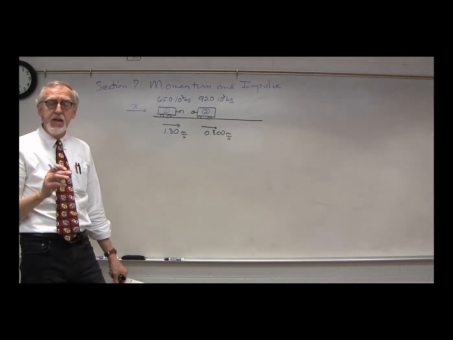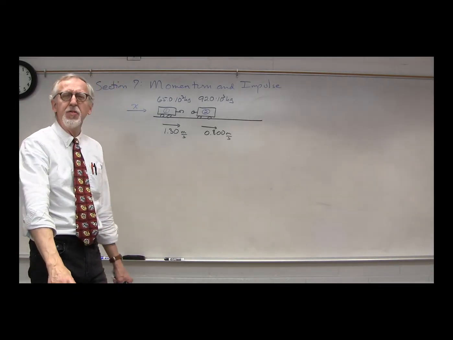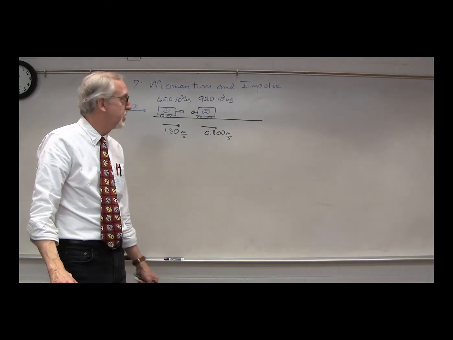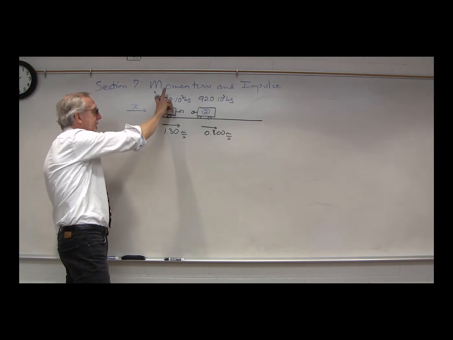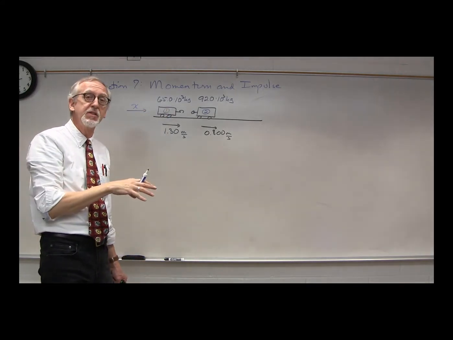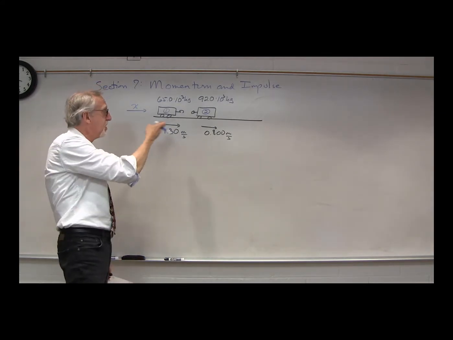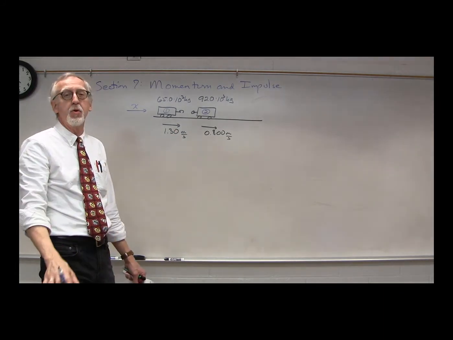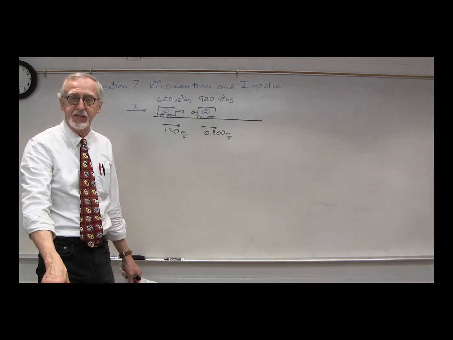While there are other forces acting on them, those are not going to change the momentum of the objects because they cancel each other out. The weight of each is canceled by the normal force acting on each. The only forces actually affecting the momenta of the two objects will be the interacting forces between them. So even though there are other forces acting on the objects, we can treat this like an isolated system.